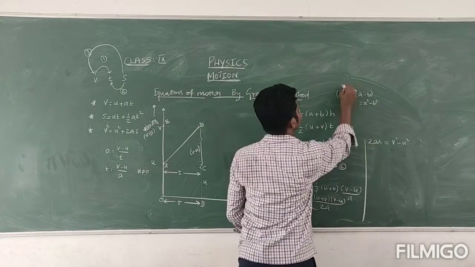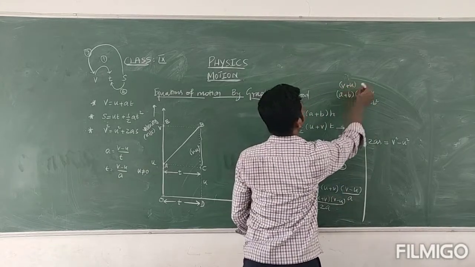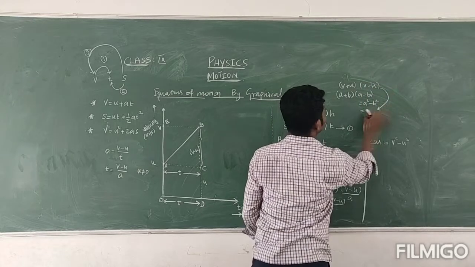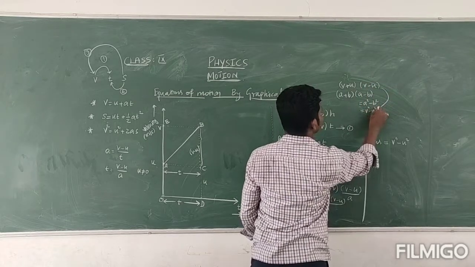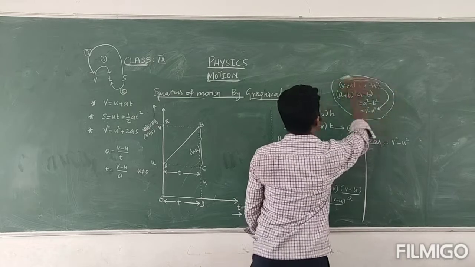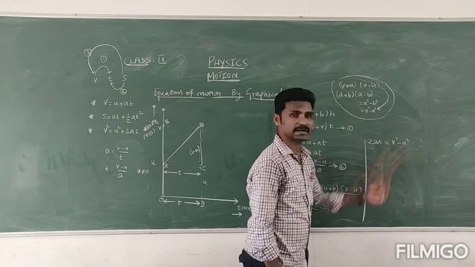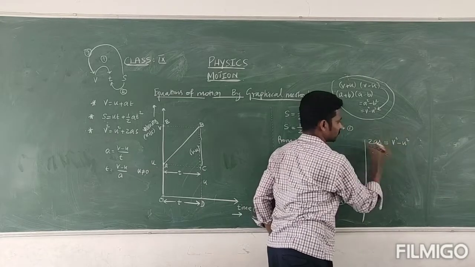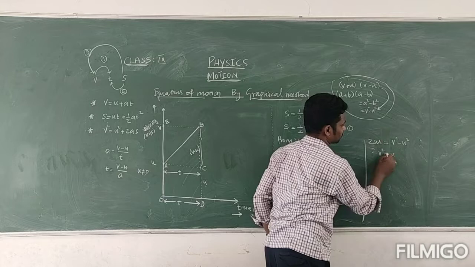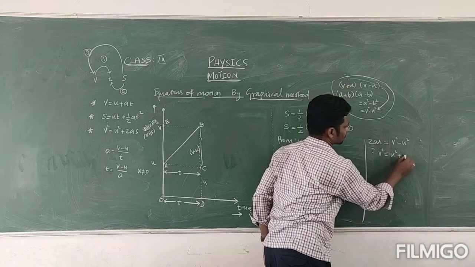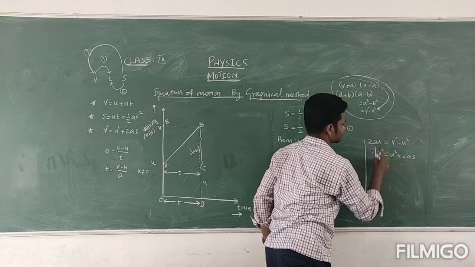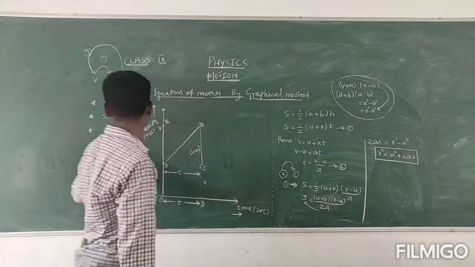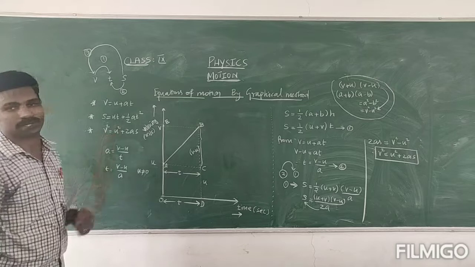So like that I can write (v plus u) into (v minus u) equal to v square minus u square. Therefore v square equals u square plus 2as. Okay, so the same equation.